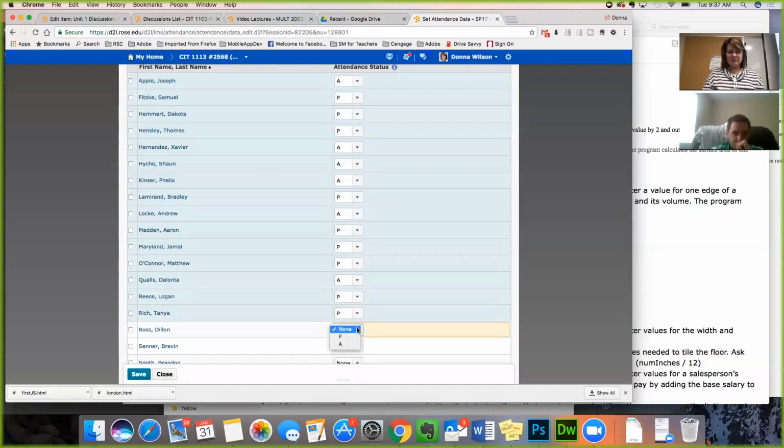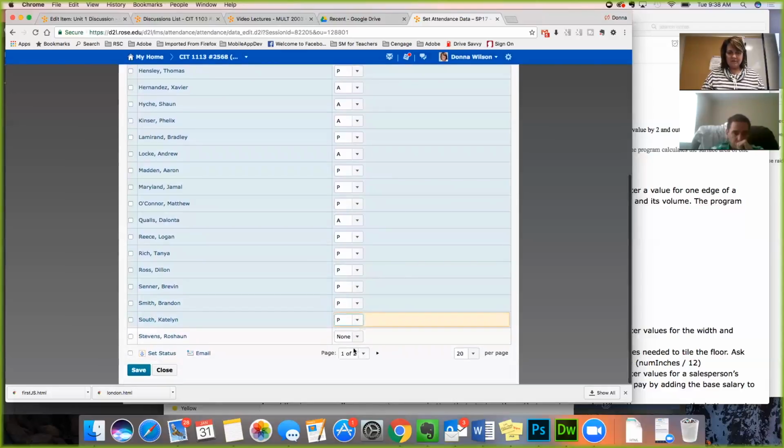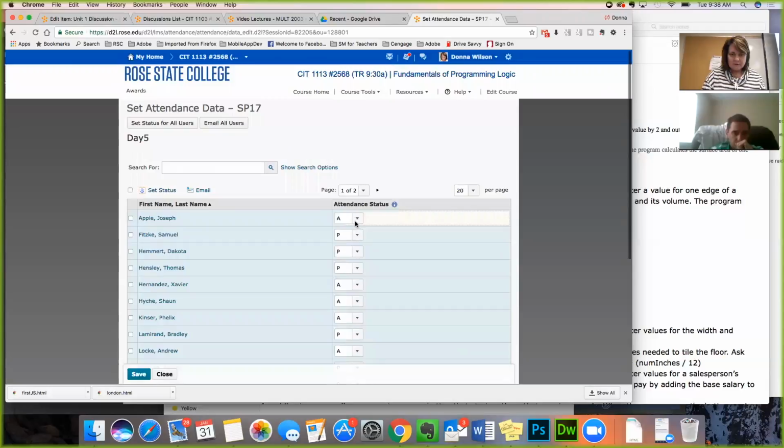You switched seats because it was like Dylan. I was thinking that was right. Brevin's right there. Okay. Brandon's here. Caitlin's here. And Rashawn came in today. Let's see. Go back to Joseph. He was the only other one, I think, that came in. All right.